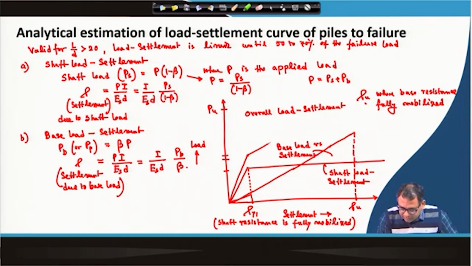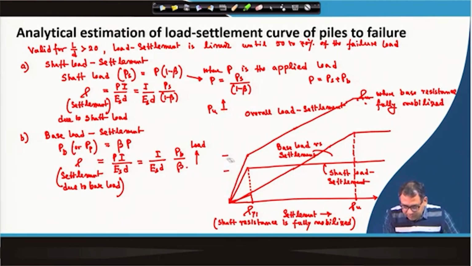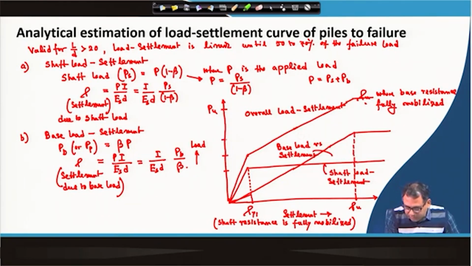This is parallel to this line. Then it will go straight. Here also it will go straight. Now this curve is base versus settlement, and this is overall load versus settlement.